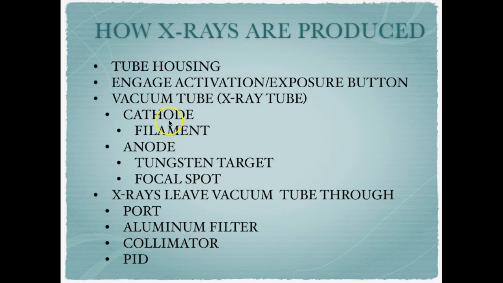One is called a cathode that has a filament. Another part of the tube is called an anode. It has a tungsten target and a focal spot. And then we have X-rays that leave the vacuum tube through the tube housing, through a port, an aluminum filter, a lead collimator, and finally travel through the PID that is directed toward the teeth.